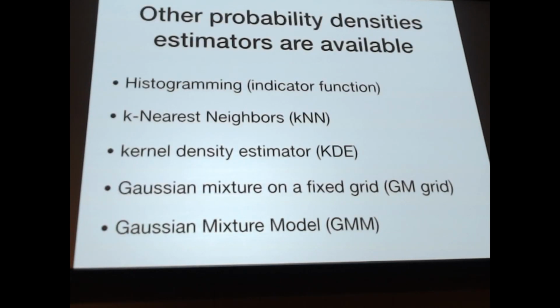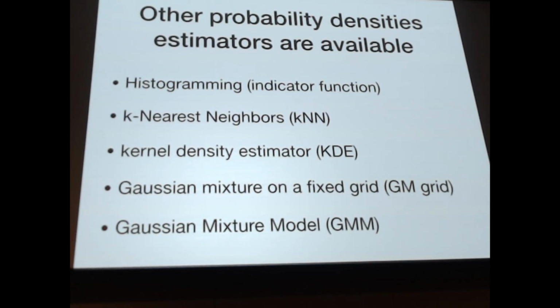So we thought that we would look into other probability density estimators, since they are available and widely used in other domains of science, actually. So I mentioned histogramming before, and traditionally Gaussian-based methods, these three listed here, kernel density estimator, Gaussian mixtures on a fixed grid, and Gaussian mixture models are used, and also k-nearest neighbors, which basically estimates the density from the inverse distance to the k-nearest neighbor.